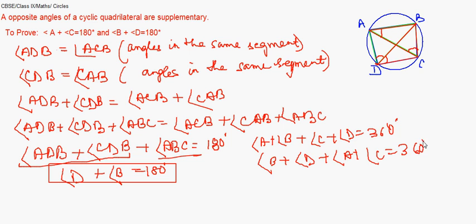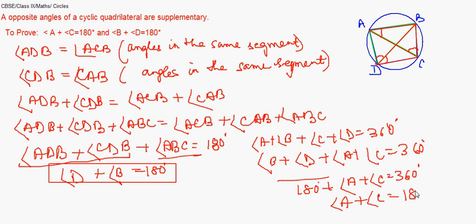Out of this, we have proved B plus D to be 180, so I substitute it, and the rest is left as A plus C, that's 360 minus 180, which also gives us 180. So we got our second proof as well. Once we are done with it, let's move on to the next screen for another theorem.